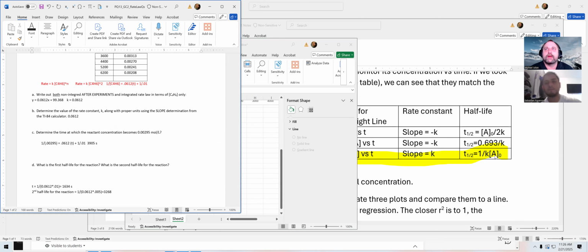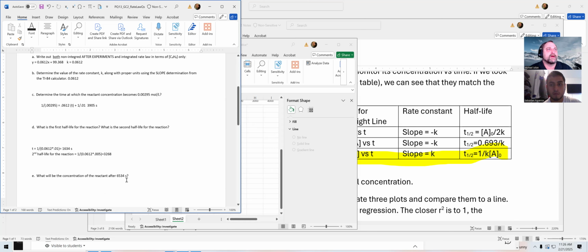But we can always just plug in our initial concentration, our final concentration times our initial concentration. And that'll give us the second half-life. But I'm going to go ahead and predict the third half-life will be 3 times this one. Or, I'm sorry, even better, it's 2 times this one. So it'd be 6536.